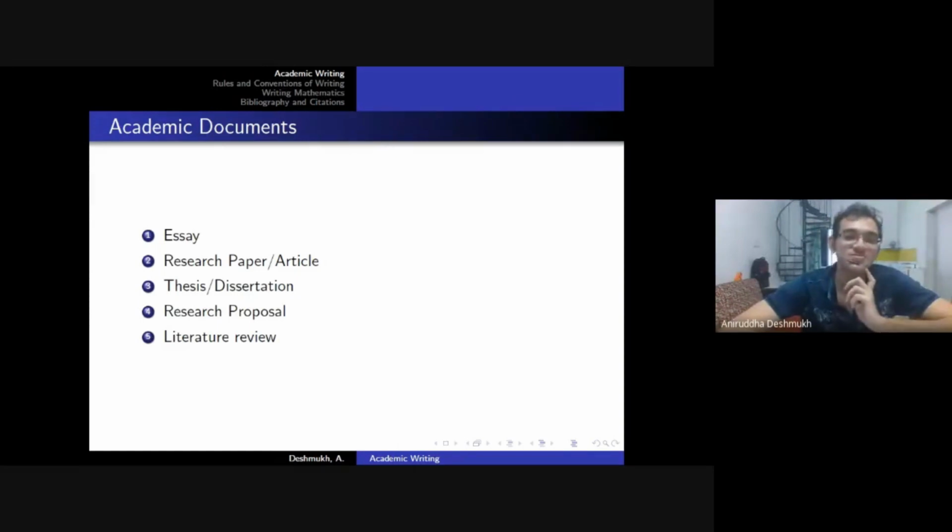So there are various types of academic documents which you can prepare, especially at a level which we all are currently in, and they are as follows. The first one is an academic essay.